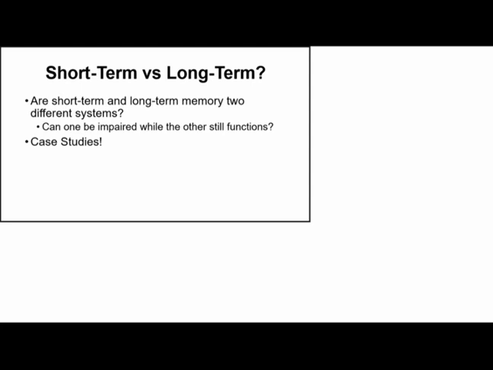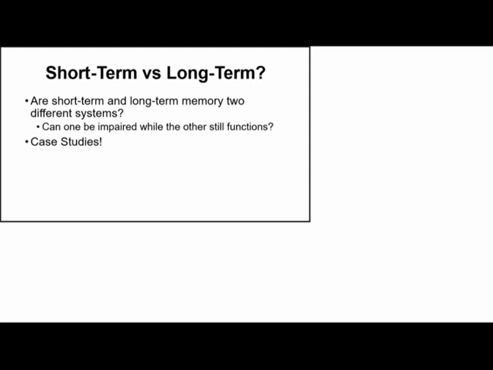As we were seeing with our working memory, where you can pull information out of storage and put it back into storage fairly quickly, there's a lot of crossover there. So some models of memory will just include short-term and working memory as part of long-term memory. And we're actually going to look at a couple examples of situations why we think that. But for all of these questions, what is separate and what is not separate, this is where our case studies come in handy.